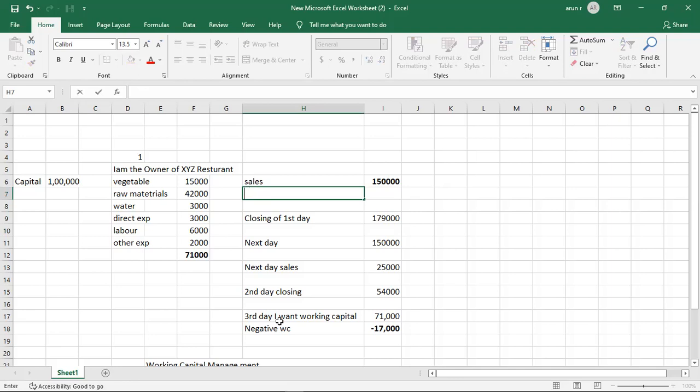They will manage the current asset minus current liability. Here the concept comes as excess of current asset over current liability, which determines the requirement of funds.